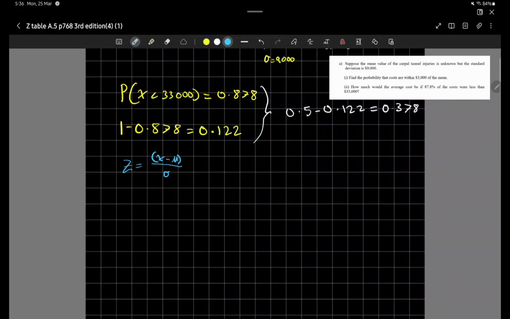Rearranging and solving for mu, you're going to get Z sigma minus x equals negative mu.